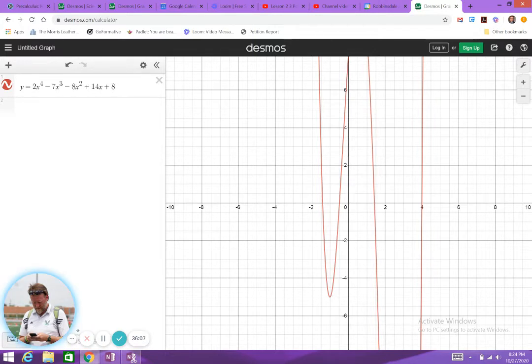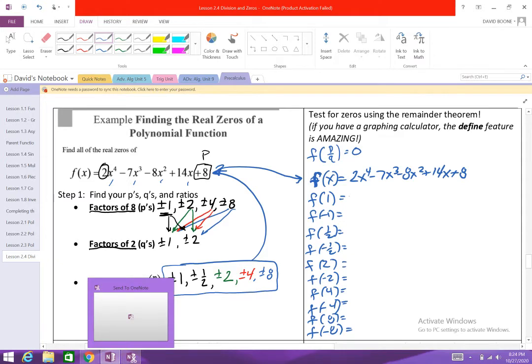So out of all the numbers we have on the list, the ones that are going to work for us are the one at 4, which gives me a 0, and the one at -1/2. The other ones we have here didn't have zeros there. They didn't cross the x-axis at any of these other points.